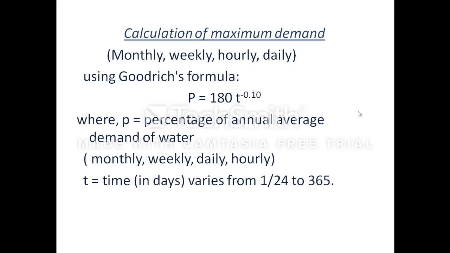It can be monthly, weekly, daily, or hourly, for which we are calculating. T is the time in days and it varies from 1 by 24 to 365. Like for one day we can take T equal to 1, for 1 hour we can take T equal to 1 by 24, for a year it's equal to 365.